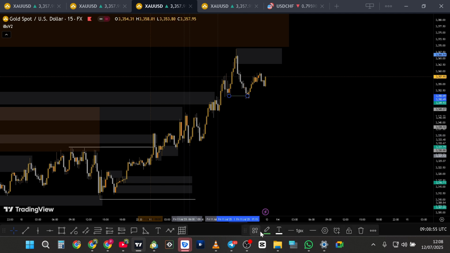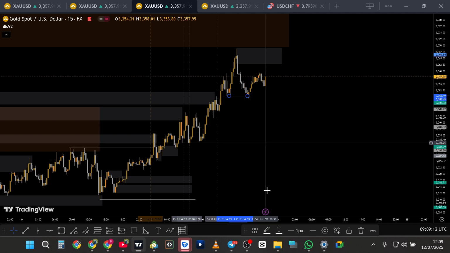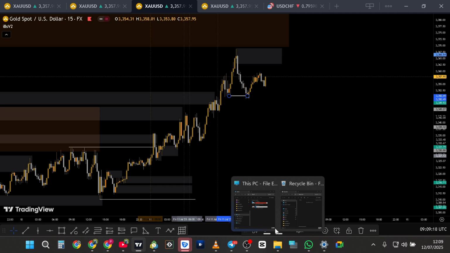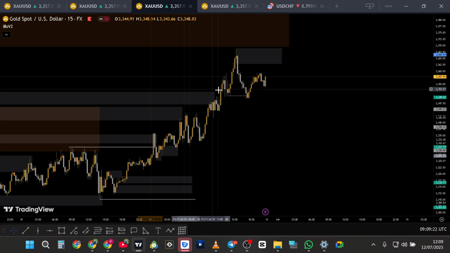So this one I'll change to 15 minutes chop dark, and I'll let it, oops, I guess that was the wrong color, so let me put it as white, and then 2 pixel, and dotted. Okay, so I'll just leave it at that and wait to see what will happen coming in next week. So that's all for gold.